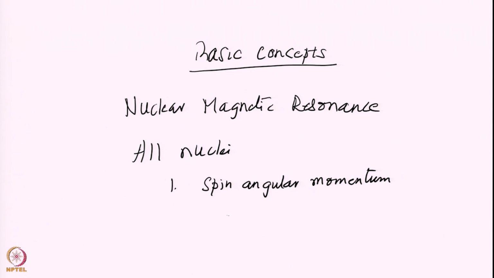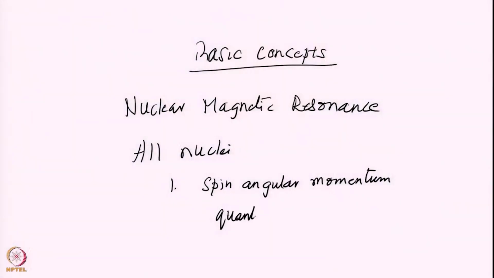It did not start from the nuclei, of course it also was there for the electrons, and slowly one discovered that the spin angular momentum is a very general concept. This is a quantum mechanical concept. There is a theory of angular momentum, and we will only pick up the results from this theory. Okay. Spin angular momentum, the nuclei have different energy states depending upon the angular momentum it possesses.